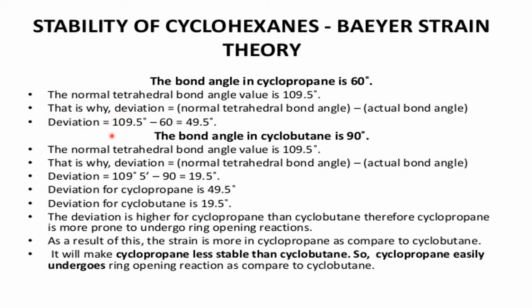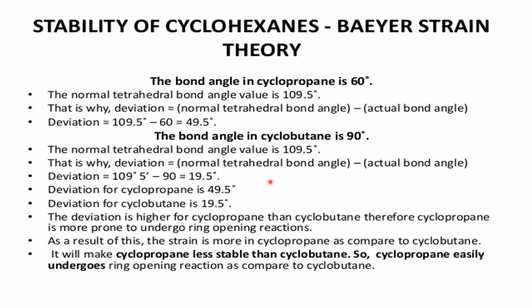The expected tetrahedral bond angle is 109 degree. So the difference is 49.5 degree. This clearly shows that the deviation is maximum for cyclopropane.